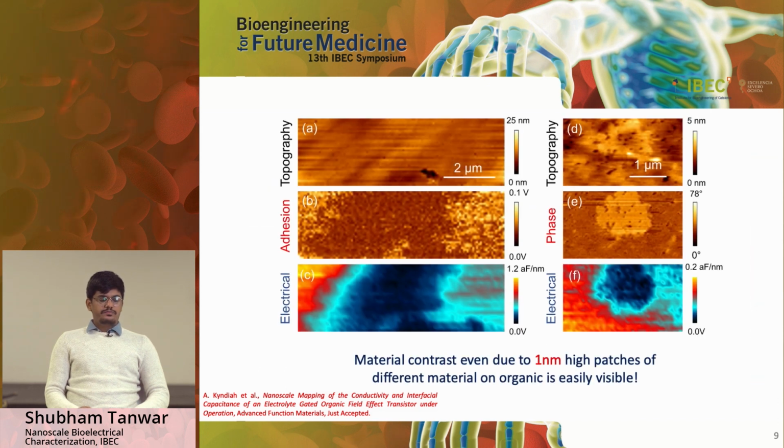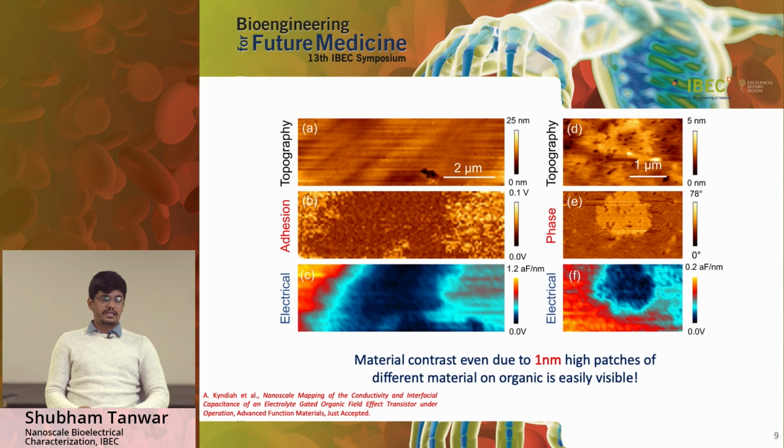If we want to further examine these heterogeneities, we have taken a closer look at what happens in the channel. Here you can see in the topography we cannot see much, but in adhesion and phase we can see structures, we can see heterogeneity, and it tells us that there are different phases and materials within the semiconductor.